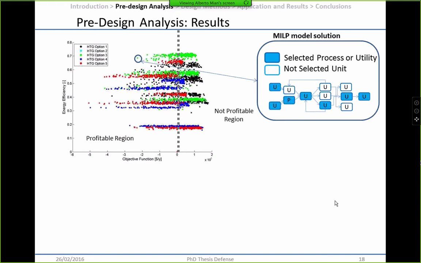These jumps are due to the activation of utilities and to the price of resources that we have set. To me, it was impressive that some solutions were optimal with 20% efficiency. This is due to the fact that in this case the optimization is single objective, and we have just an economic optimization. So as far as it pays, a 20% efficiency is tolerated.